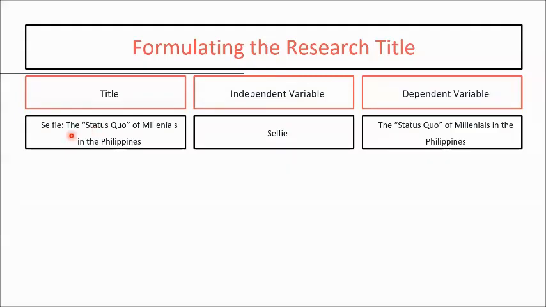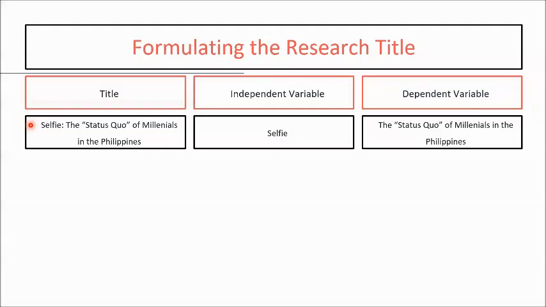Now, when we say status quo, yung status ng isang tao. So, maraming status or maraming status quo ang pwede nating gawing example aside sa selfie. Di ba? Ibig sabihin si independent variable na selfie, pwede natin siyang baguhin. Okay? So, ano ba yung gustong iparating ng title na to? Selfie daw is the status quo of millennials in the Philippines.